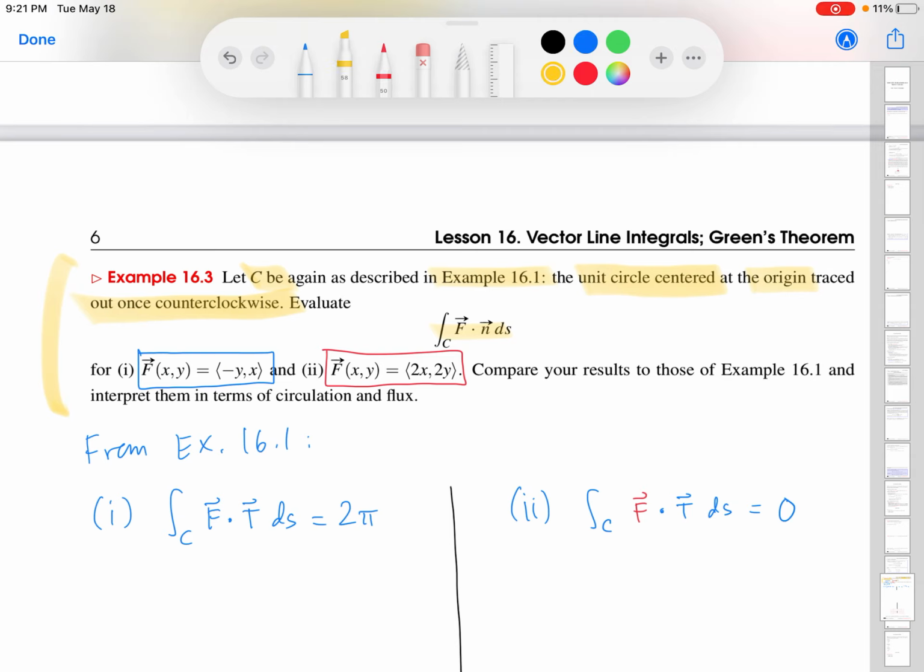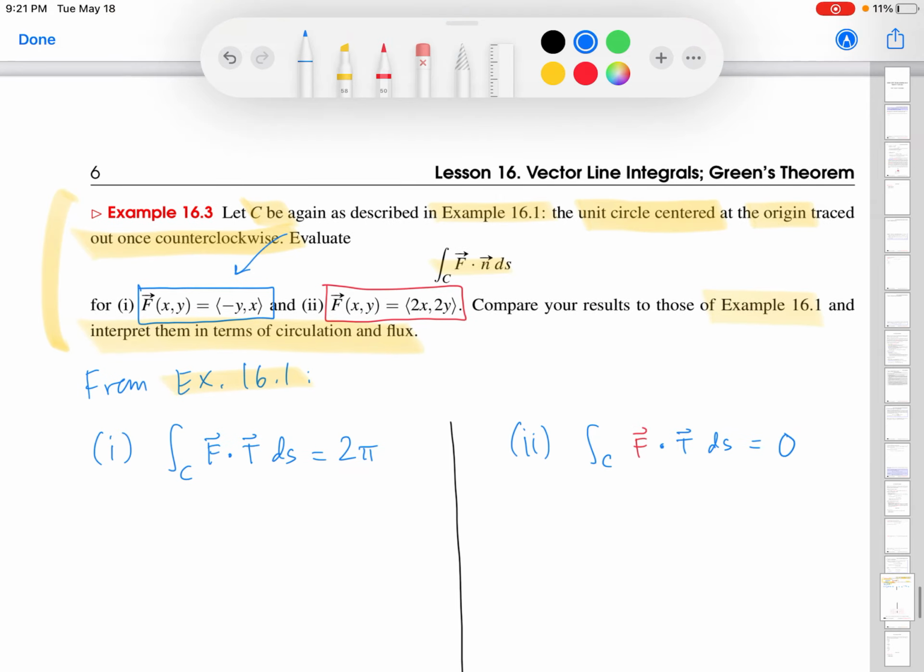So compare your results to example 16.1 and interpret them in terms of circulation and flux. Let me remind you what we already did in example 16.1. For this vector field here, we had calculated what at the time we called work, or the vector line integral, was equal to 2 pi.